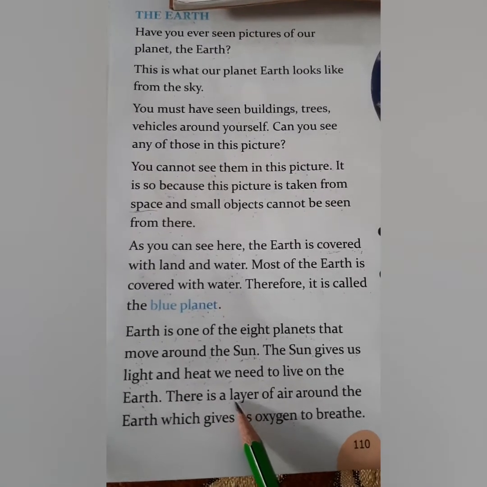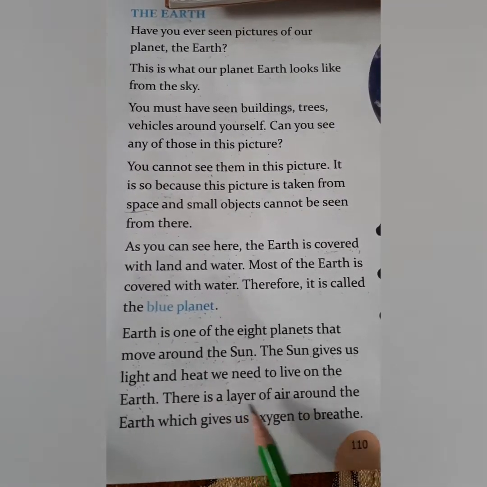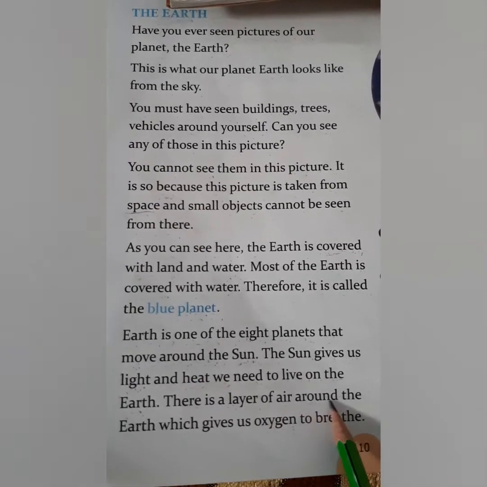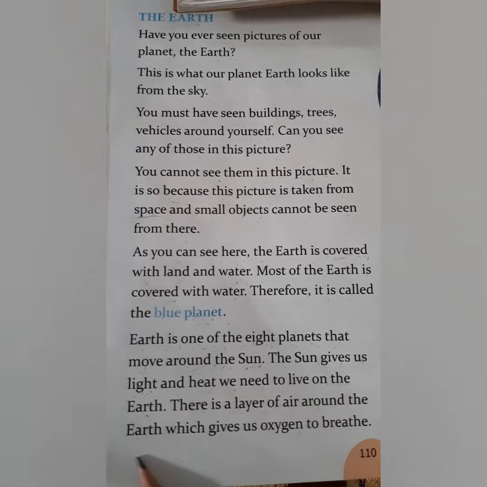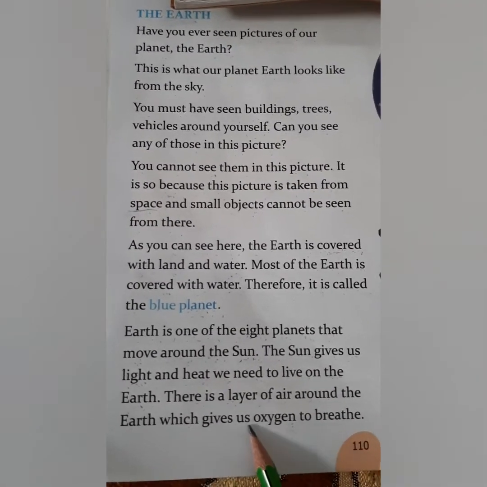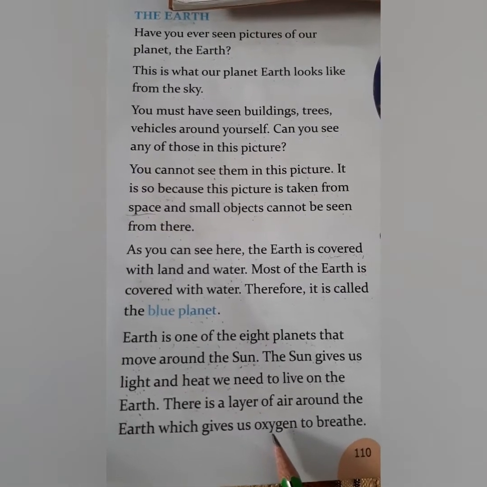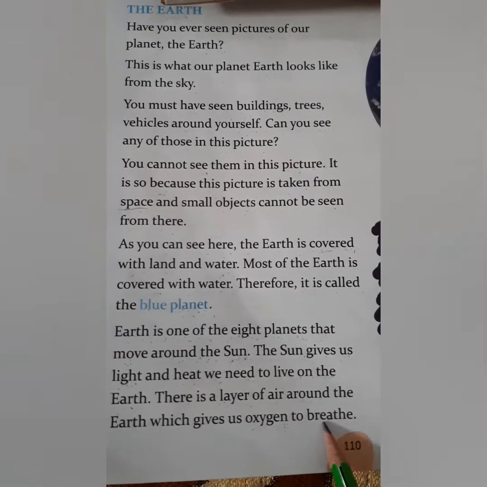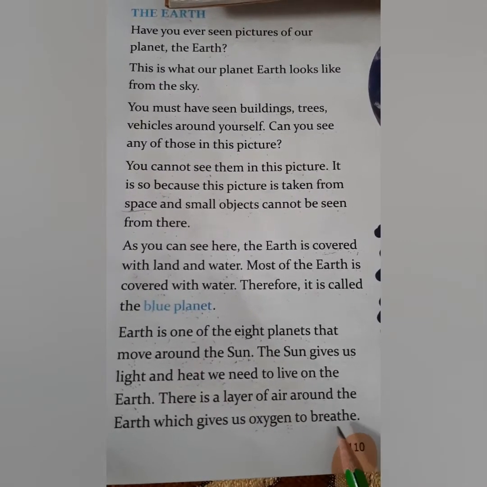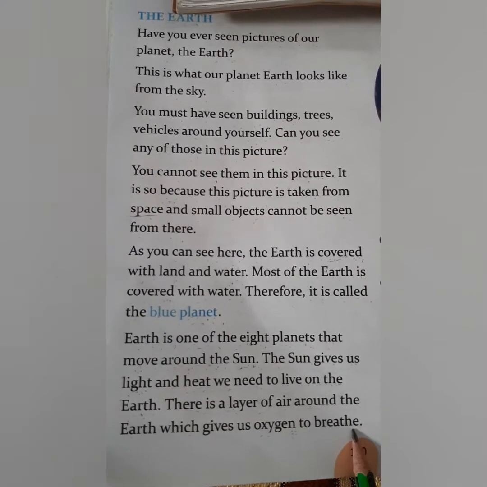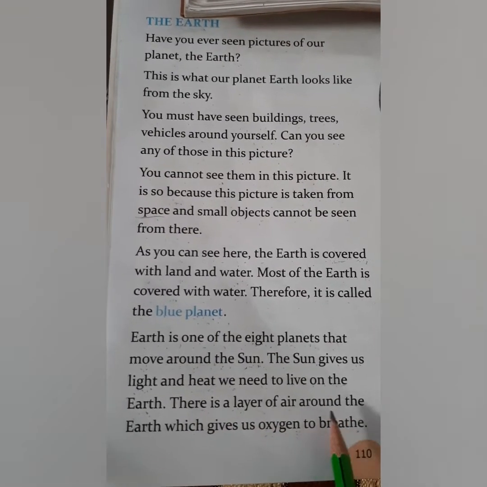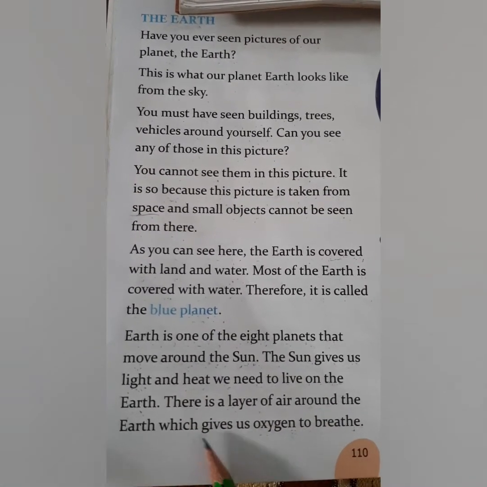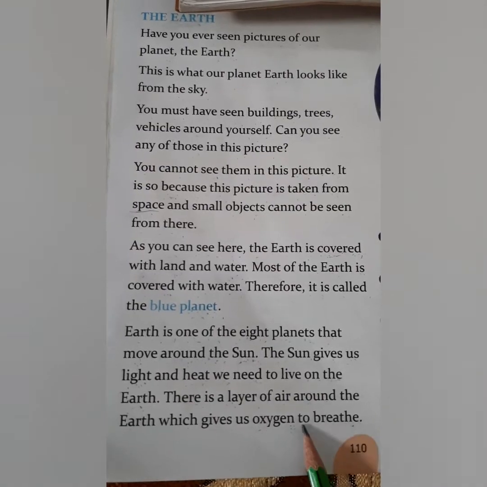There is a layer of air around the earth, which gives us oxygen to breathe. Okay, there is a layer of air around earth which gives us oxygen to breathe.